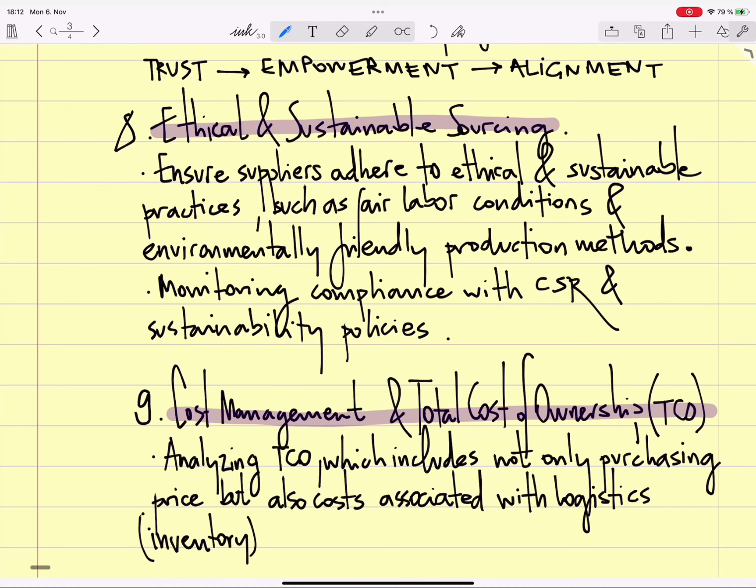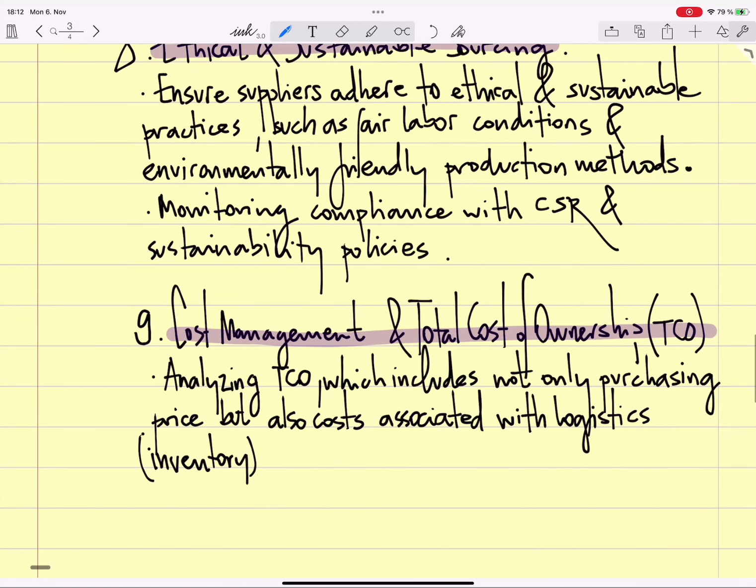It's not the same to produce in China for 10 cents, 10% less cost, but 6,000 kilometers away, because you have a supply chain to fill, and if some quality issues happen, you will have a problem.